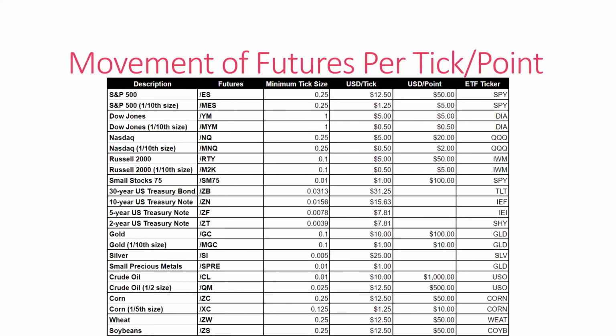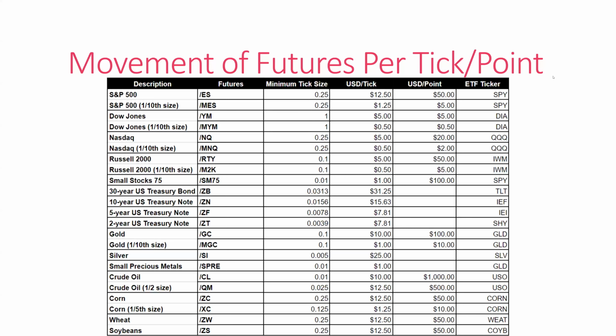But YM or RTY is 0.1, whereas Dow Jones is 1. Most people do use ticks, but for me, I like to use points. So if I do risk management, I always go by how many points I am willing to lose. For NQ, usually it ranges from 10 points to 15 points. So I know if I'm going to lose 10 points for NQ, it's going to be $200.